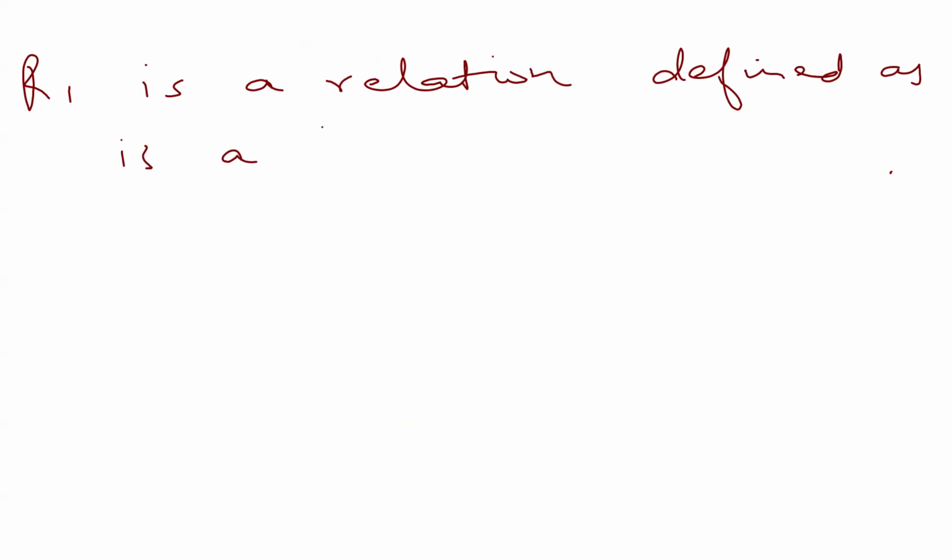R1 is a relation defined as 'is a brother of'. It's not a numerical example. It's a logical example.